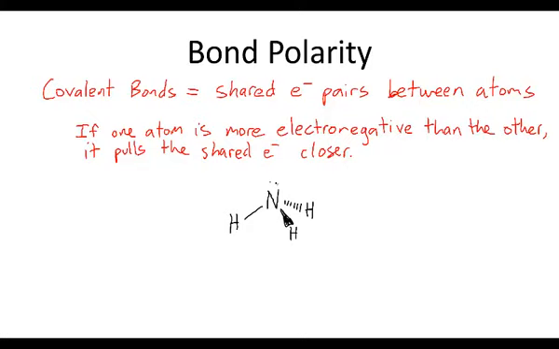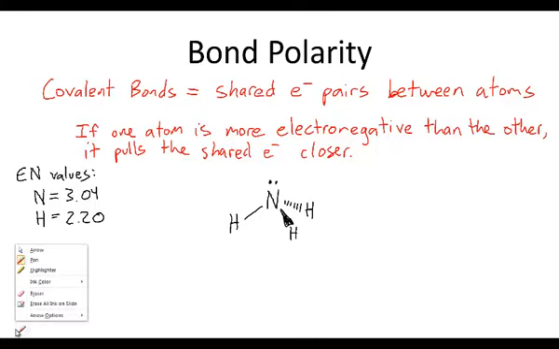So if you look on the periodic table, and we're comparing nitrogen to hydrogen, in terms of electronegativity, nitrogen is, I think, 3.04. Hydrogen, I think, is 2.2. So what that tells me is nitrogen is definitely stronger.